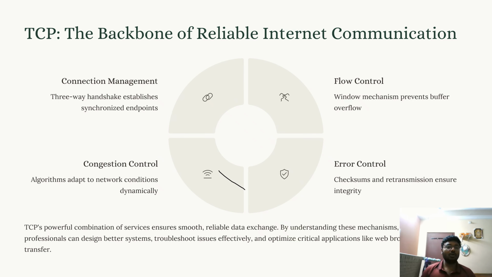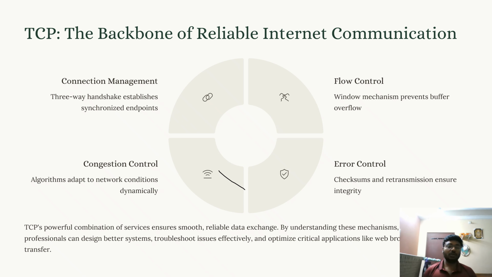TCP, the backbone of reliable internet communications. In summary, TCP's advanced mechanisms, connection management, sliding windows, slow start, congestion control, and error correction make it an irreplaceable protocol for modern networking. Reliability means data arrives correctly no matter the conditions.